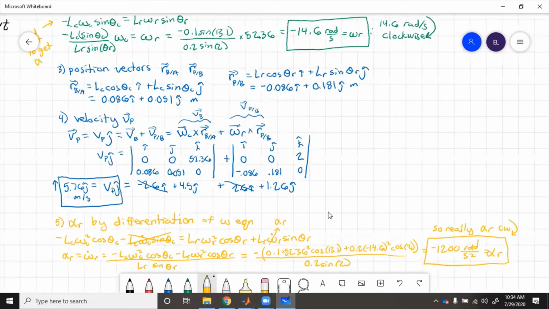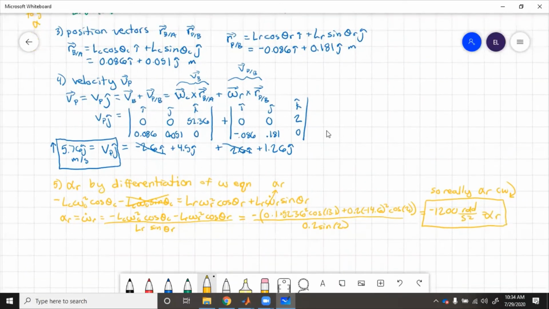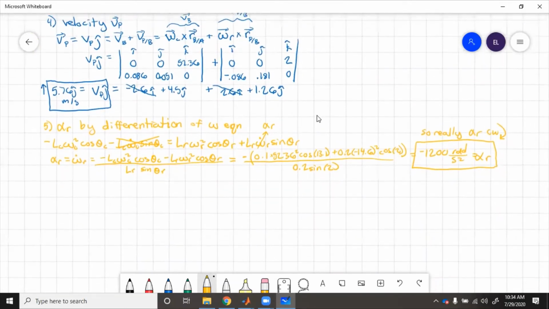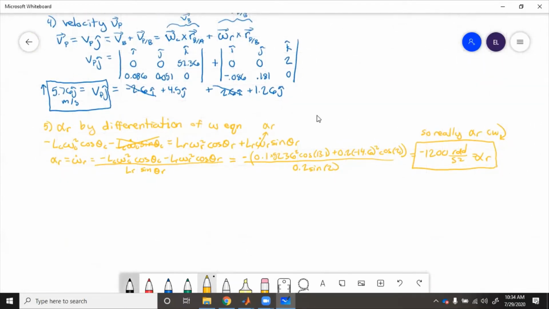Then finally, last step, we differentiate VP to get acceleration of the piston. And we know the formula for that. We also know that AP has to be in the J hat direction because the piston doesn't move to the right or the left.